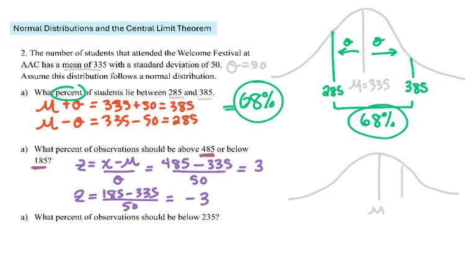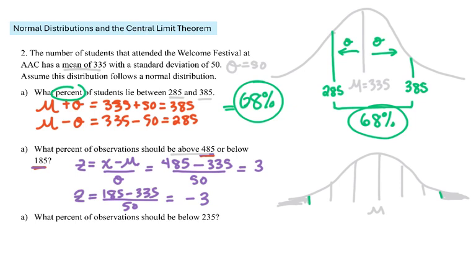So for the z value, what they're saying is, on the standard deviation curve, here's the mean, and how many or what percent of employees are above 485, so this small sliver, or below 185. So what they're saying is, what percentage fall outside of 3 standard deviations away from the mean?